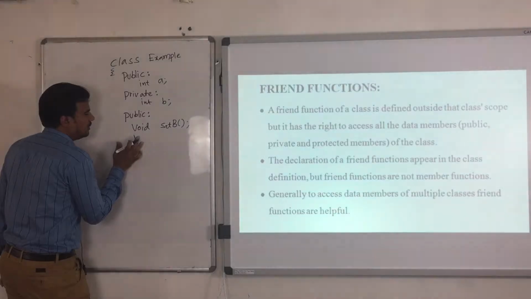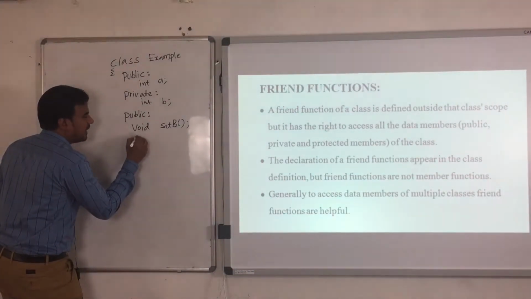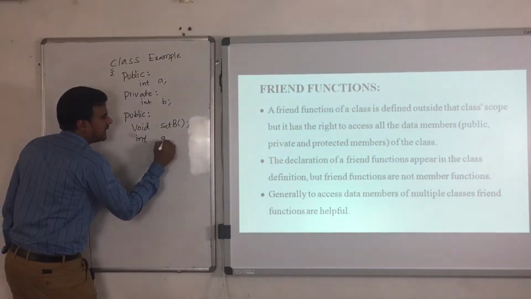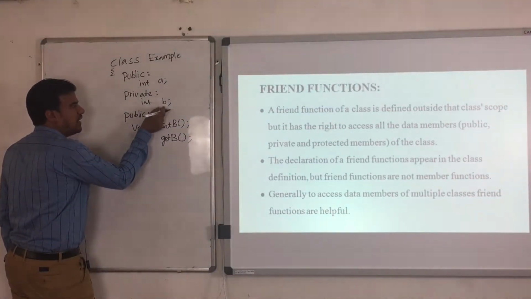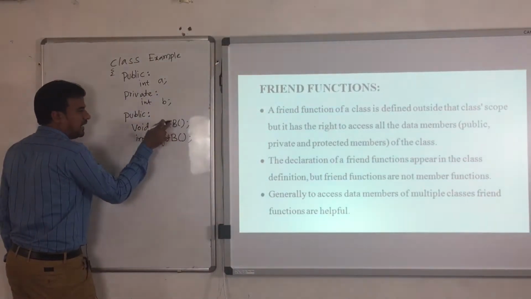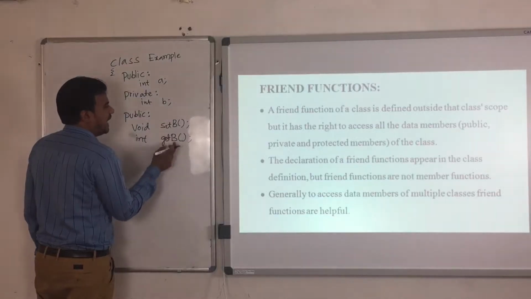Next, as it is integer type, the getter method will return the value: int get B. It will access this B and return the value. This set B will access this B and set the value. Okay, these two we have.